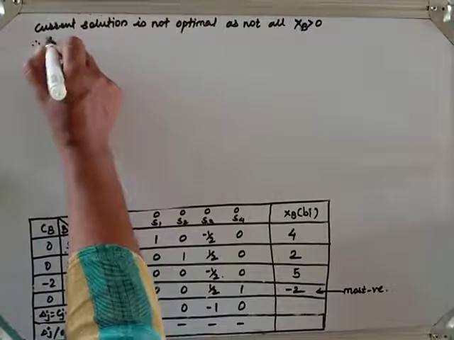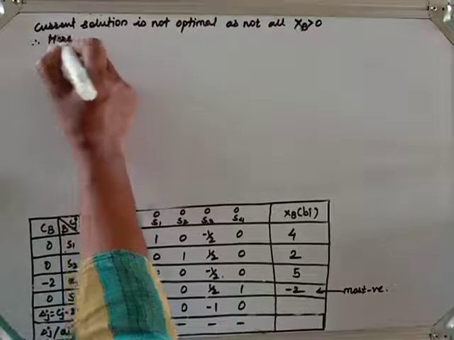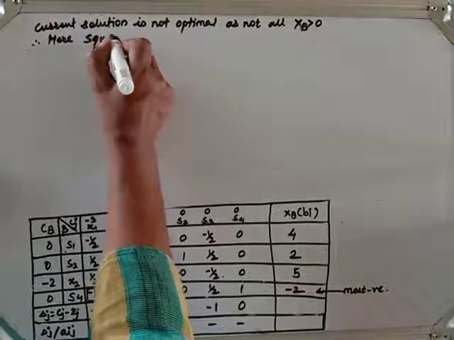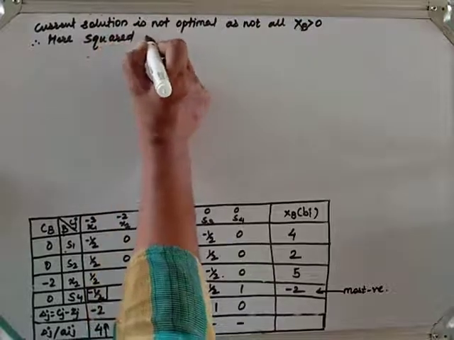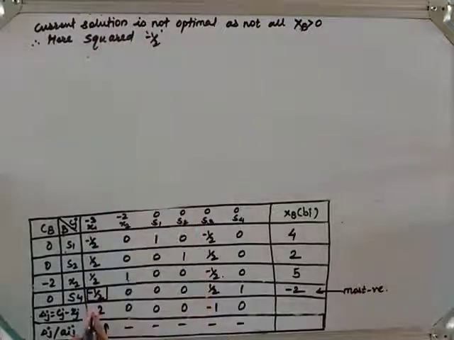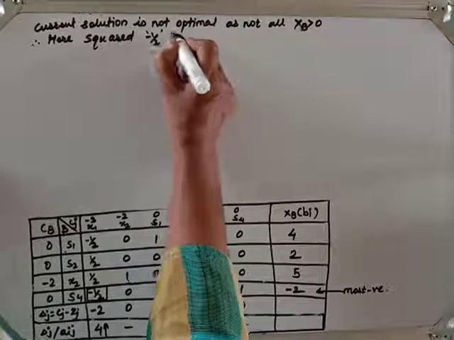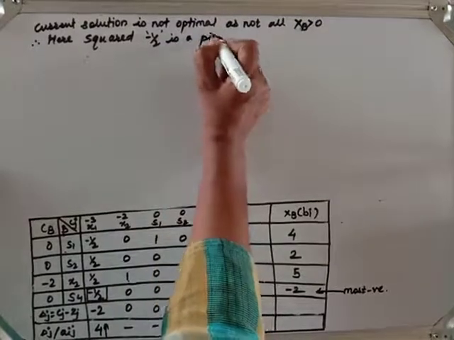Therefore here this entry, minus half, this minus half is a pivot element.